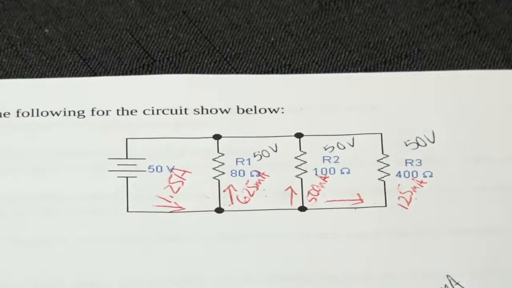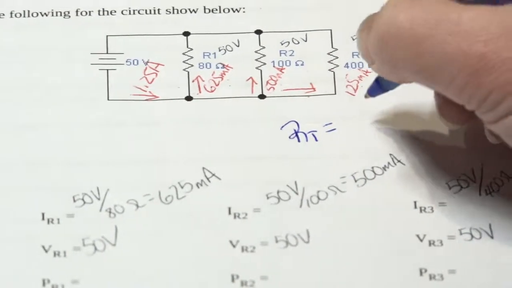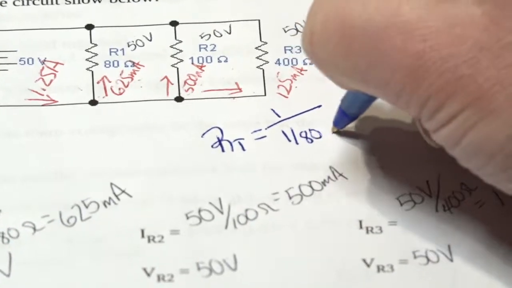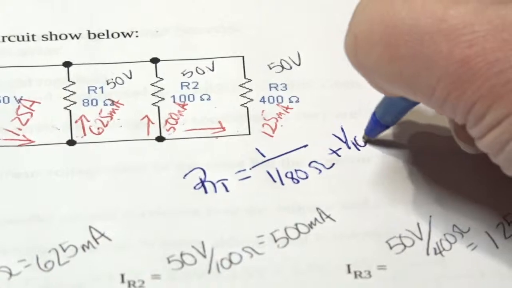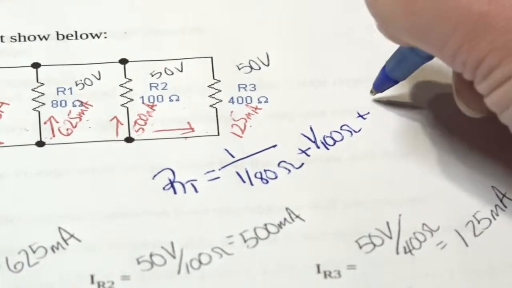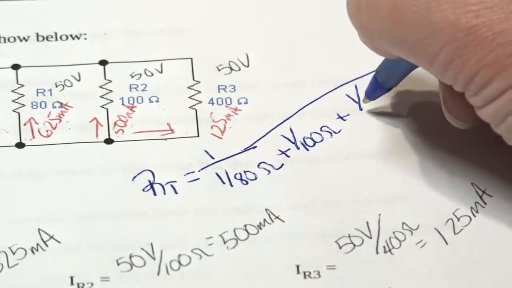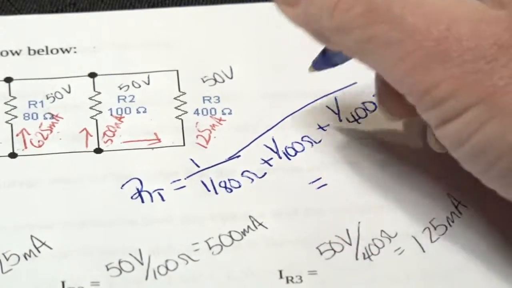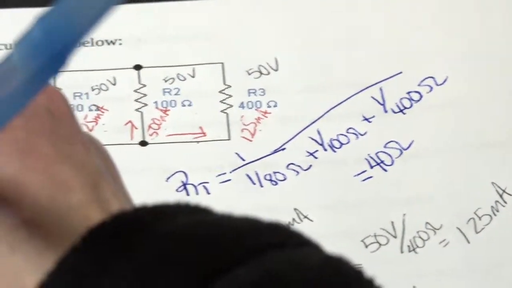Well, let's make sure that that equals what we think it should. So if I take my total resistance calculation, which is going to be 1 over, all of those 1 over 80 ohms plus 1 over 100 ohms plus 1 over 400 ohms, we find that that equals 40 ohms.